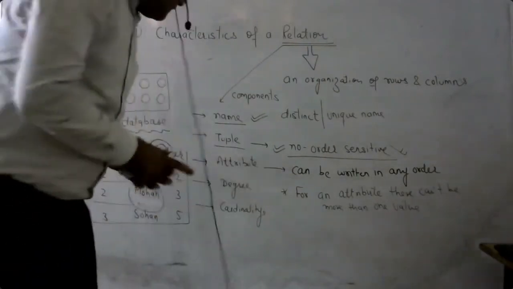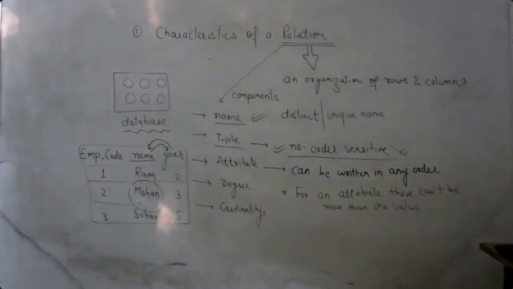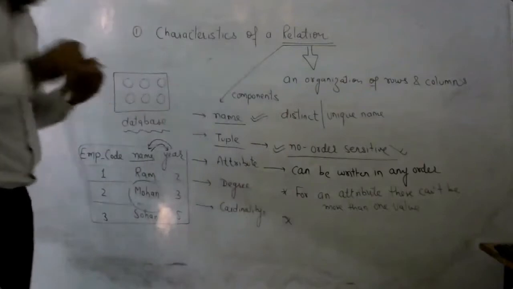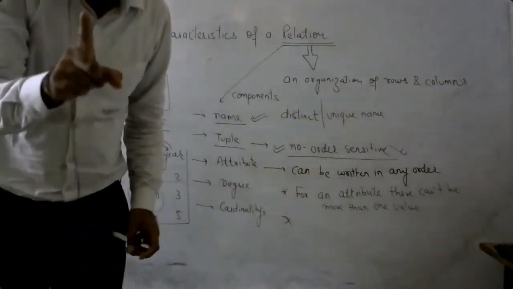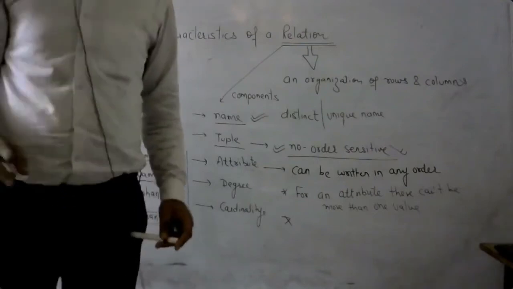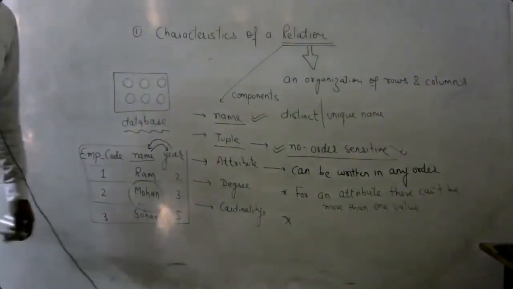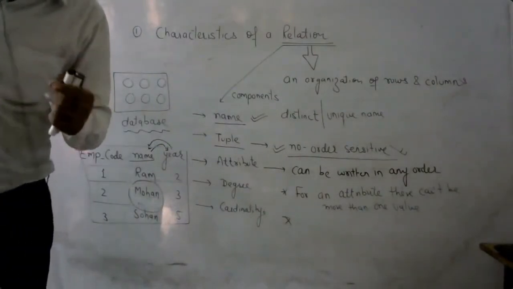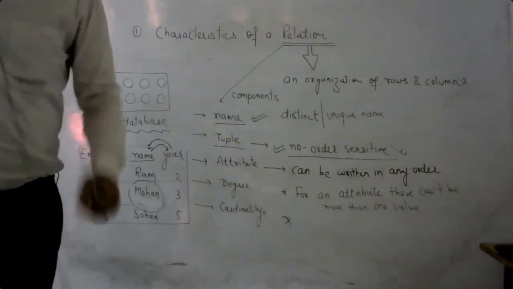Okay, yes. So if we talk about the next point, a relation must have unique tuples. Listen carefully. It is compulsory, a relation must have unique tuples.